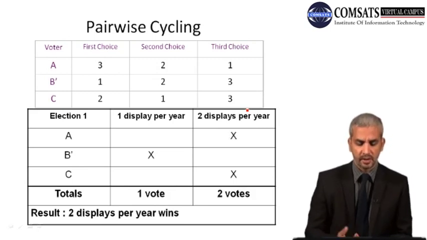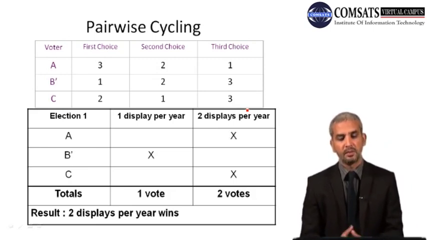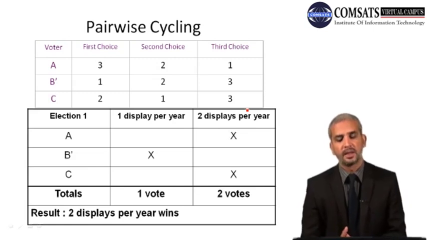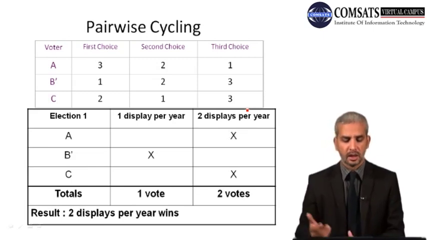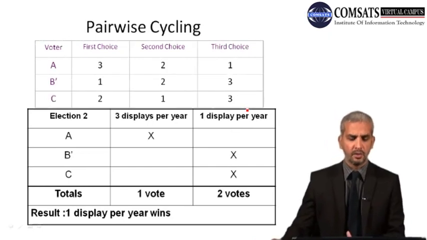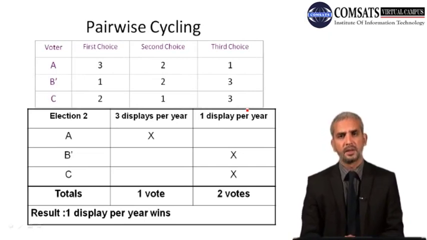Now in this case specifically, in the first election, individual B would choose one display per year because that is his first choice. One display per year receives one vote and two displays per year receives two votes, so the outcome of this election would be two displays per year. Now moving on, we pair three displays per year and one display per year.